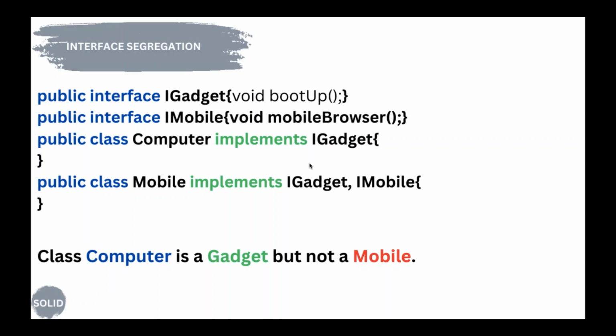So Mobile implements IGadget and IMobile, and it can use these two methods to do its functionality. Class Computer is a gadget but not a mobile. So this is what we mean by interface segregation: do not force a computer to implement a mobile browser when a computer is not a mobile device. That's what we essentially mean by interface segregation.